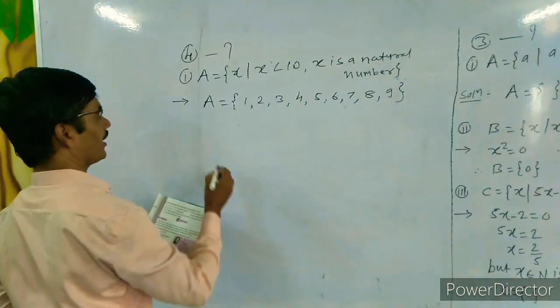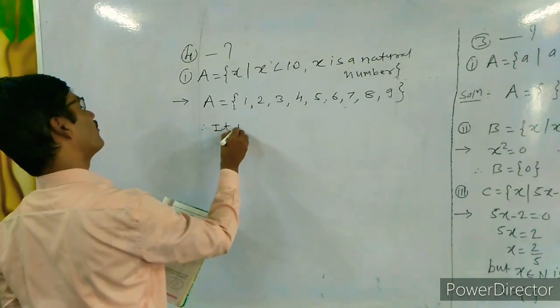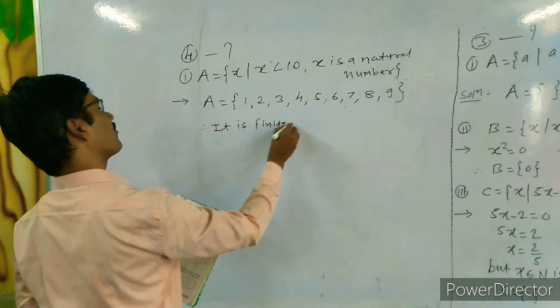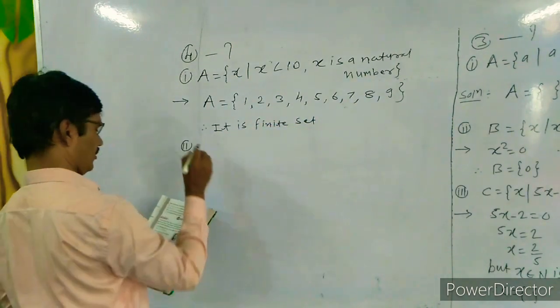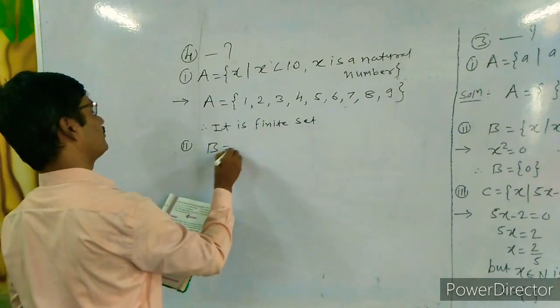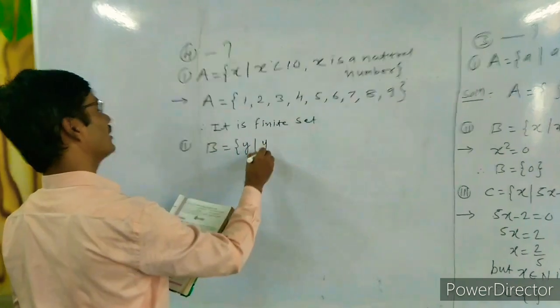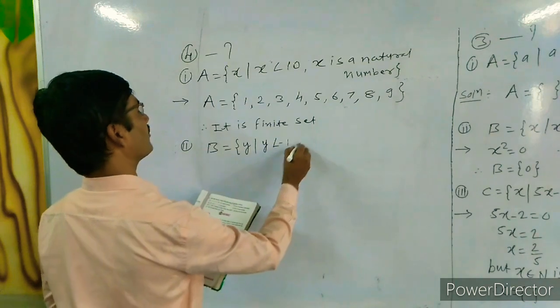It is finite set. Second, B equal to {y such that y is less than minus 1, y is an integer}.